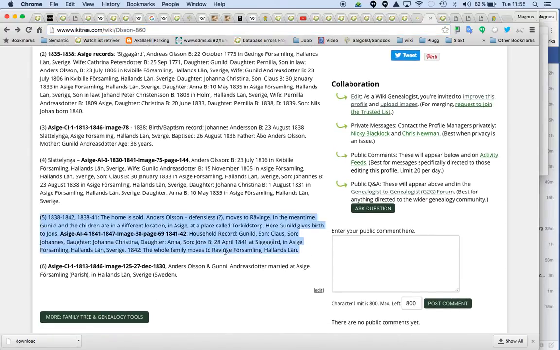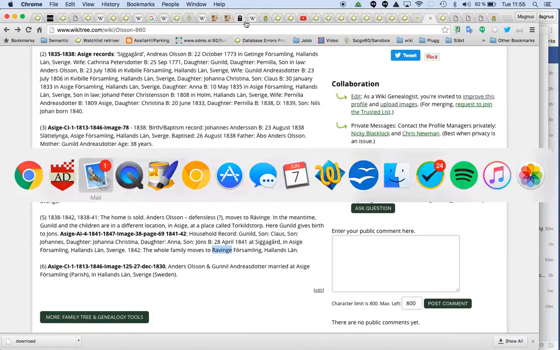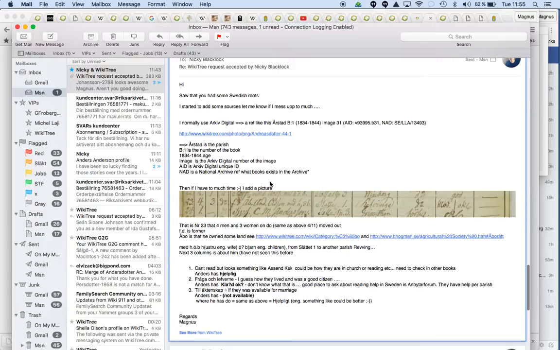And here we have this moving in, moving out. So what could be done then, and that's what the record I showed you was in my email, I think, that this is the moving out. We are moving to Revinge. And then I do like this.